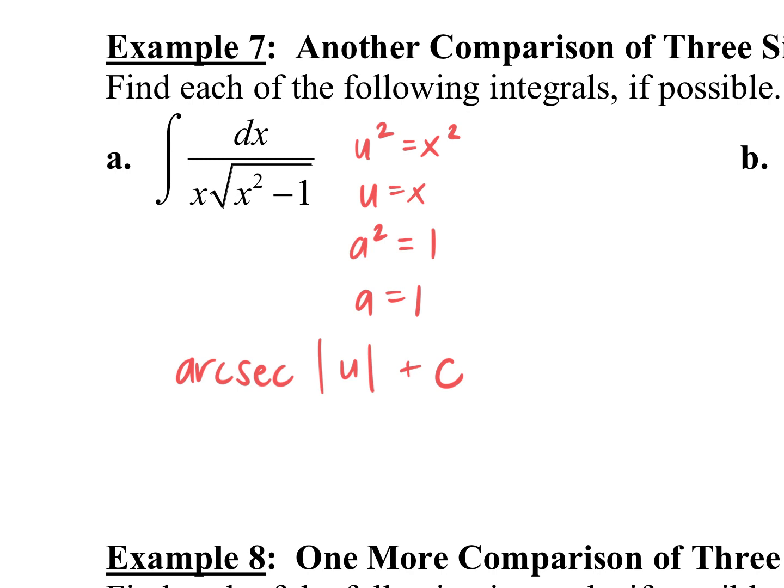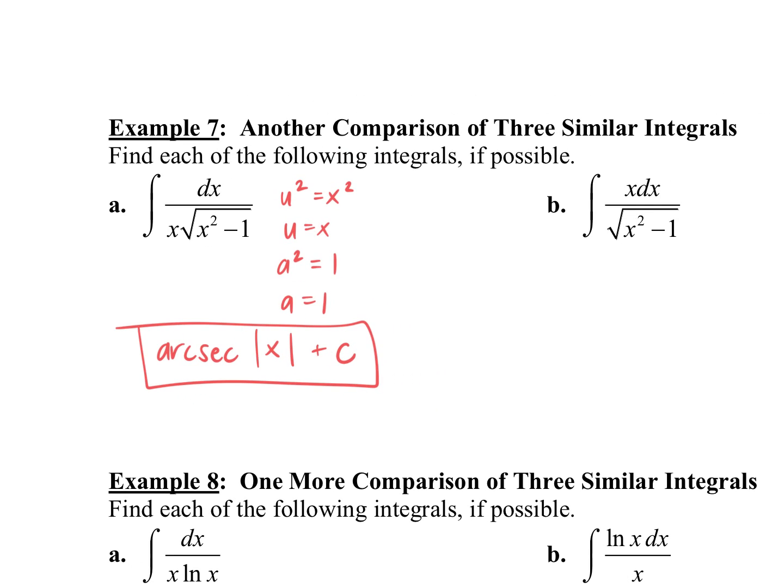But I actually skipped a step there: u squared is x squared, right? So my u value should be x for the problem we were solving, because it's in terms of x. Does that make sense? Okay, that one's done.